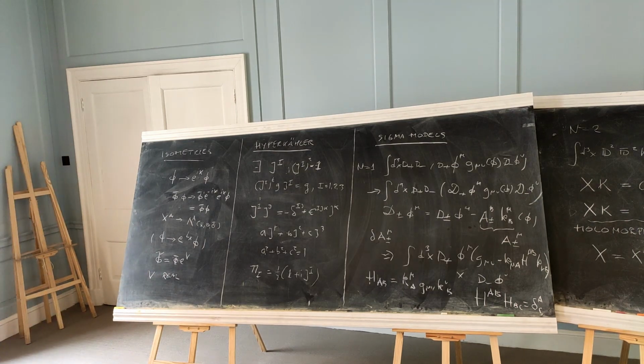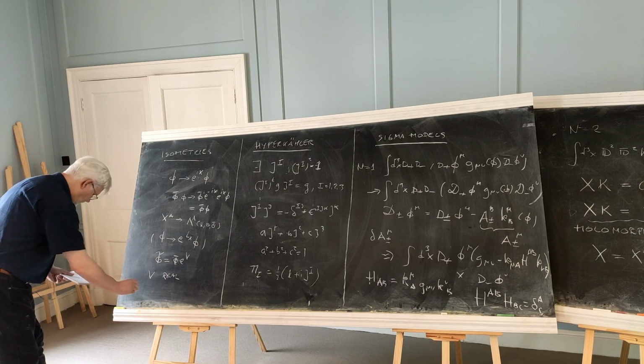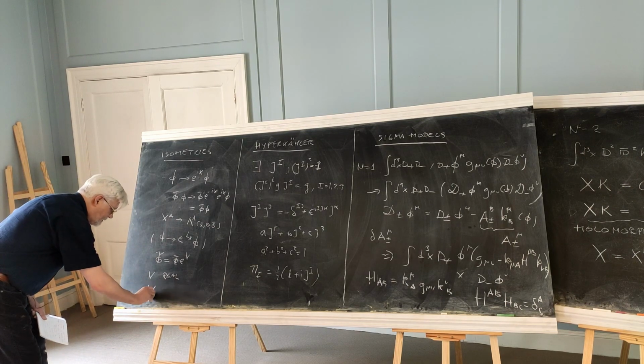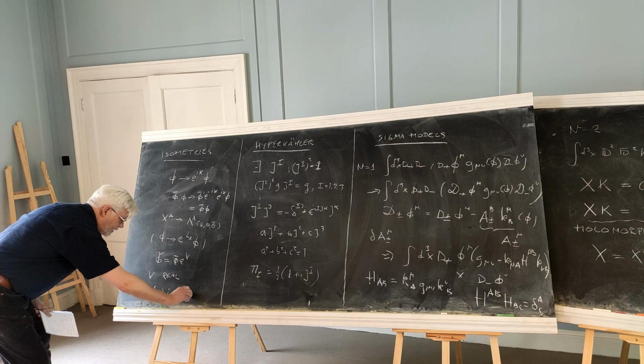And we can keep invariance in the local case if V transforms with i lambda minus i lambda bar.